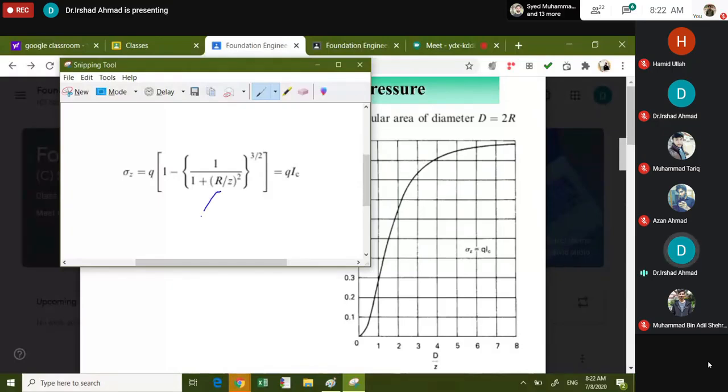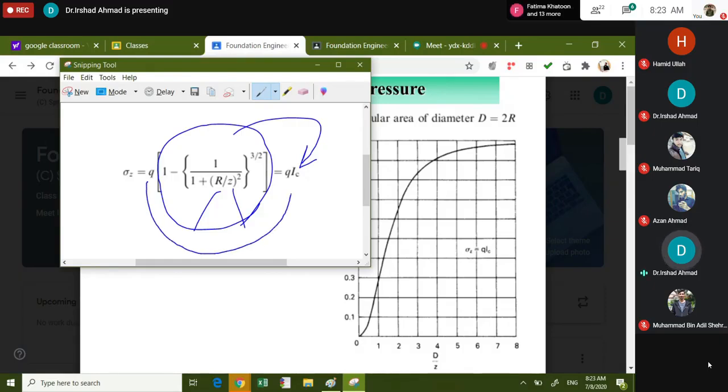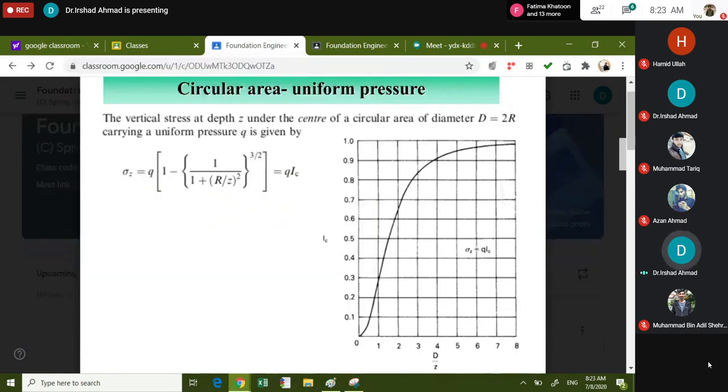This is radius r, and this is depth z at which you want to find the stress, right? This whole factor in parentheses is called IC, right? It is represented by IC, and q comes like this, q IC.